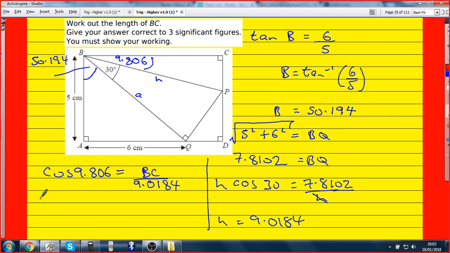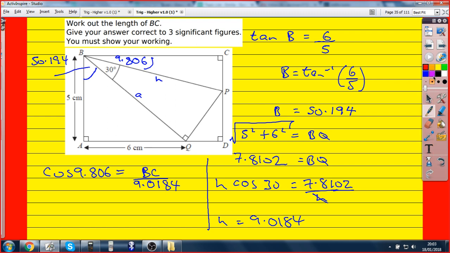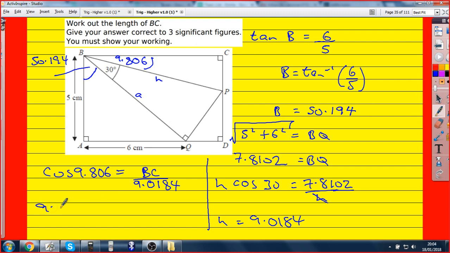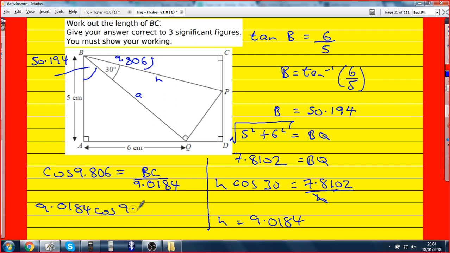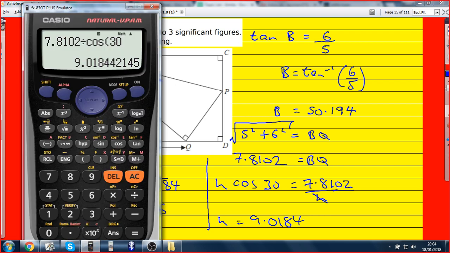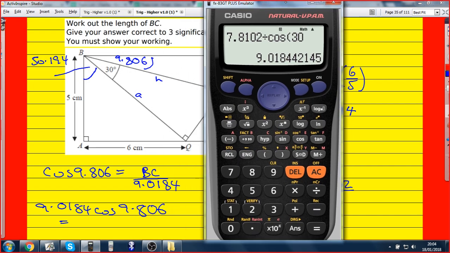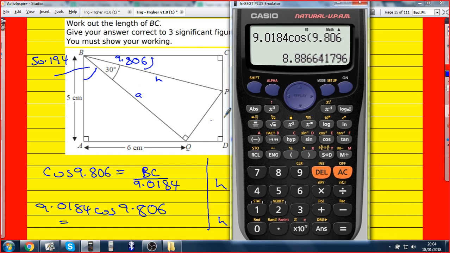So it's 9.0184 cos 9.806. And this should be our final answer.